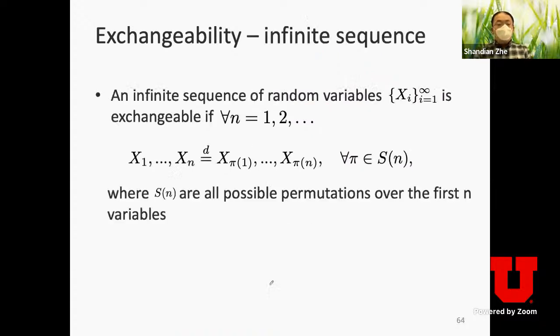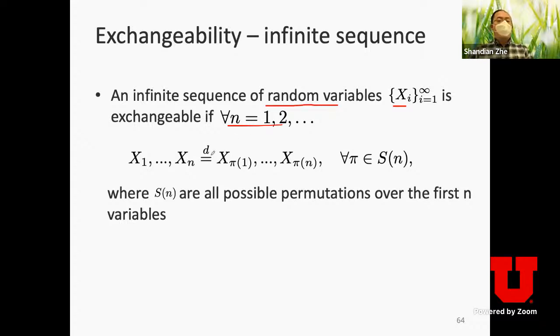Now we can extend this definition to the infinite sequence. Suppose we have an infinite sequence of random variables xi: x1, x2, x3, and so on, counting to infinity. We call this infinite sequence exchangeable if any finite set of random variables in this sequence is exchangeable.